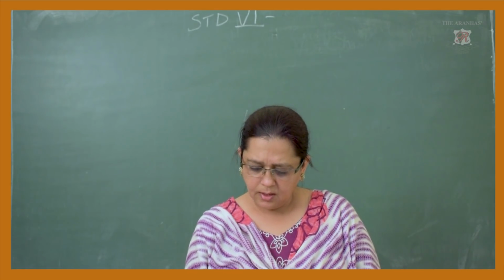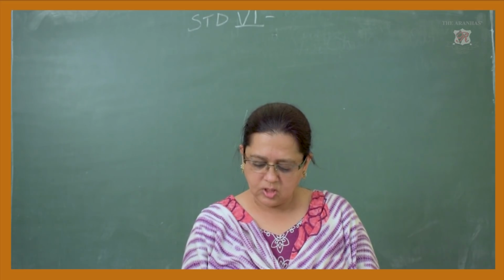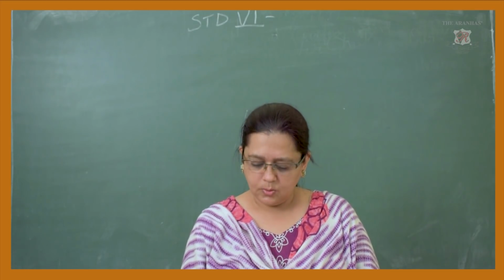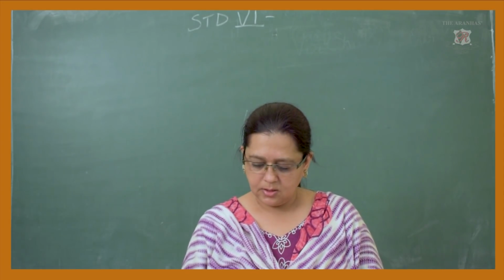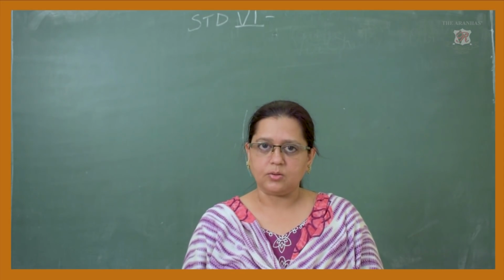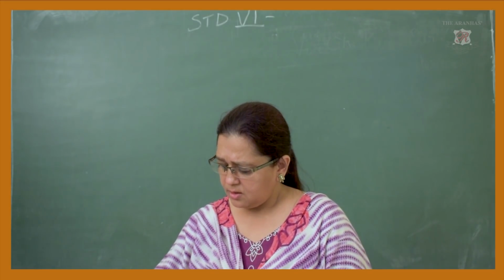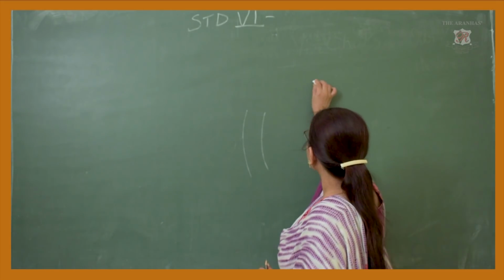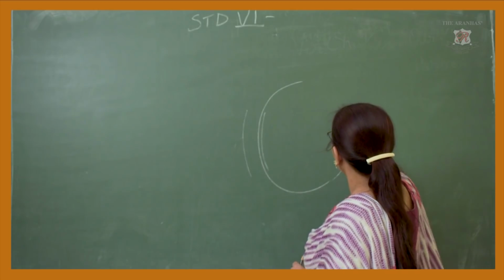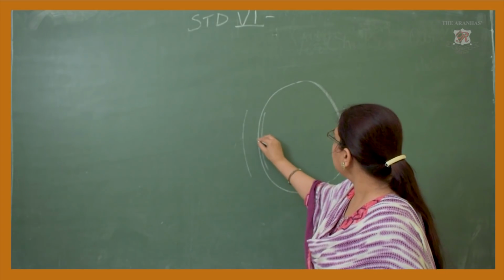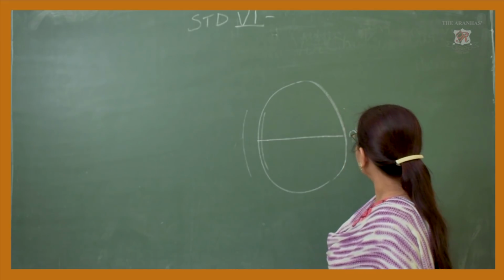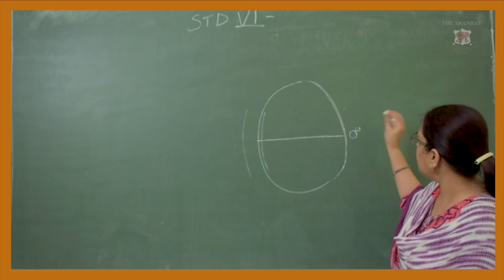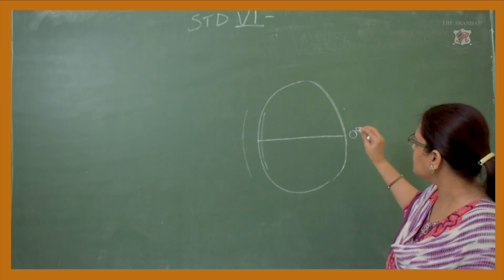Now children, you all know the equator bisects the earth into north and south. Take an example: this is the earth, and the line over here that bisects it is called the equator, at 0 degrees.